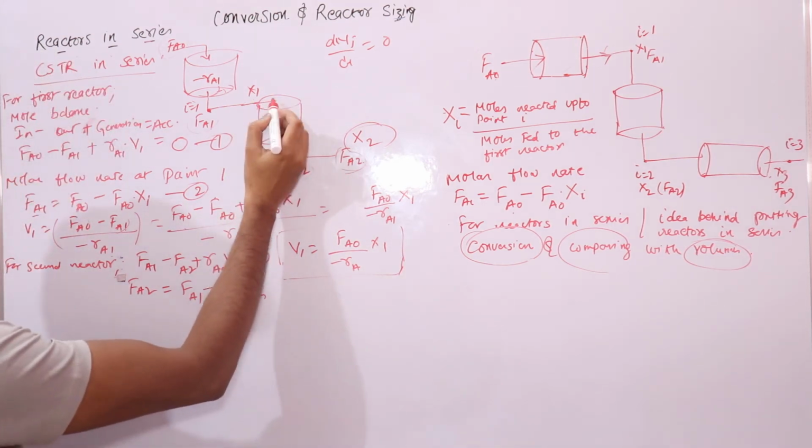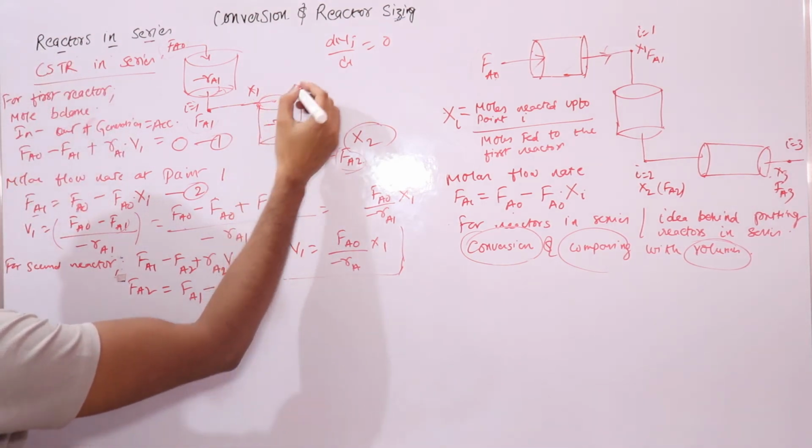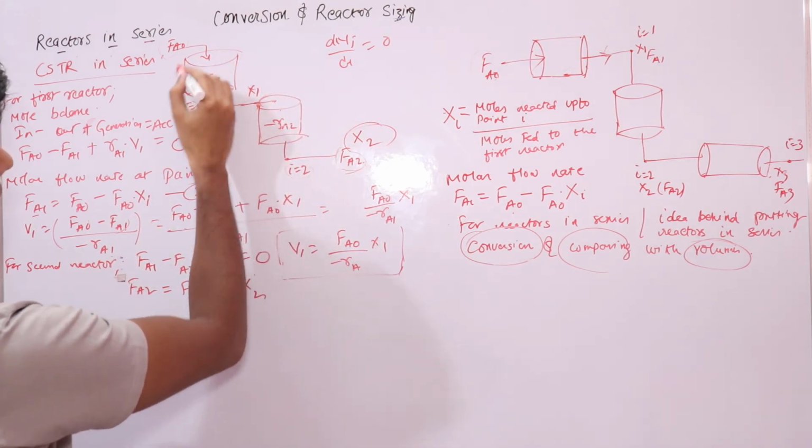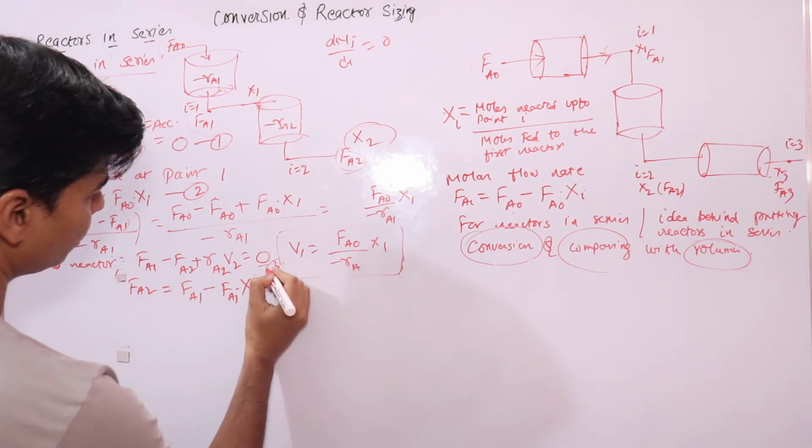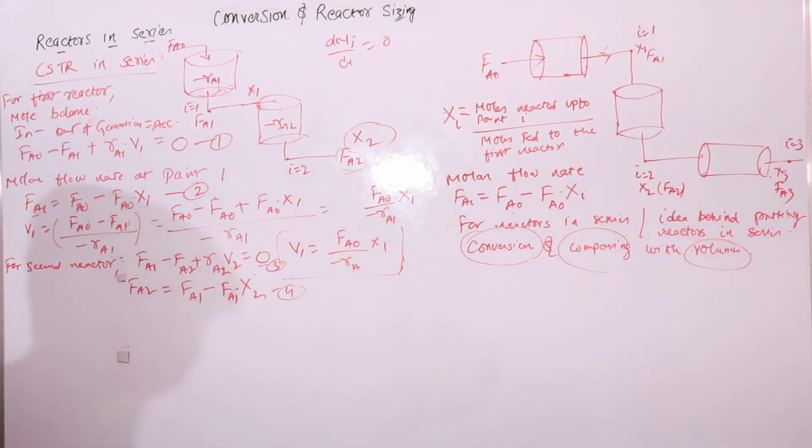Moles fed is Fa1, which is what is coming out of the first reactor, right. So this is your third equation, this is your fourth equation. From these two equations we would be finding the expression for V2.